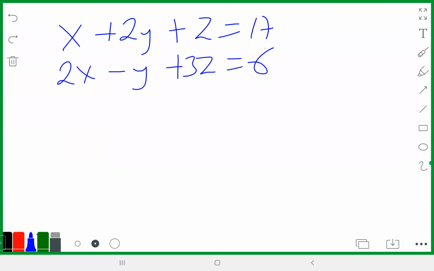And another equation: 3x plus 5y minus z equal to 10. Are you able to see the system of equations?